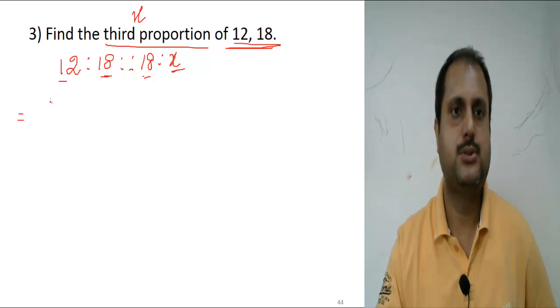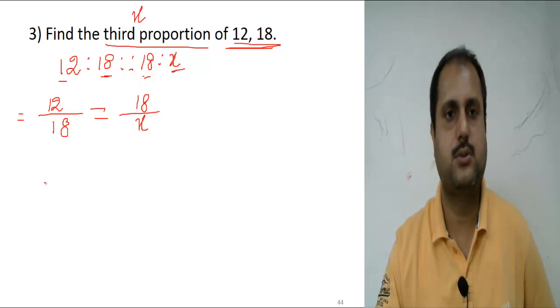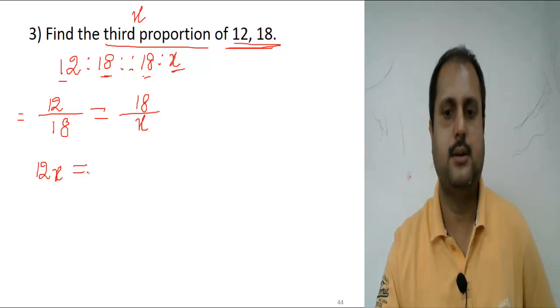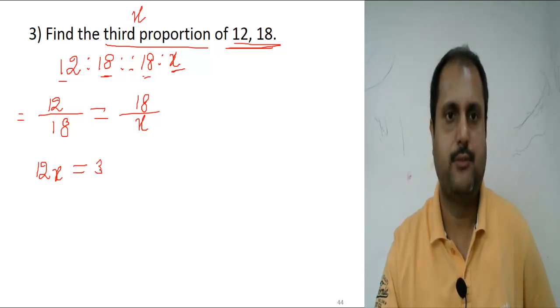So if we arrange it, then 12 by 18 equal to 18 by x. So this is how we will arrange it. We can write this value in this manner also. So 12x, according to the question, we multiply it on both sides. So 12x equal to 18 times 18. What will be 18 times 18? 324.